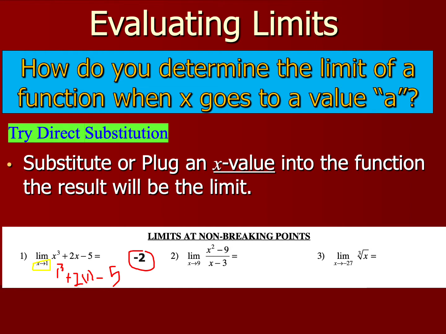So we don't need to search analytically or numerically or graphically. Let us take this example. Also, we will replace with 9, so it will be 9 squared minus 9 over 9 minus 3, and directly I get 12. Same for this one, I just replace with -27. The cubic root of -27, we know, is -3.